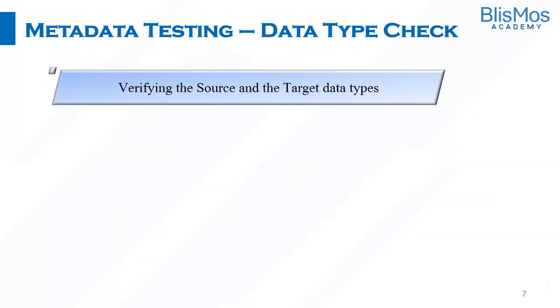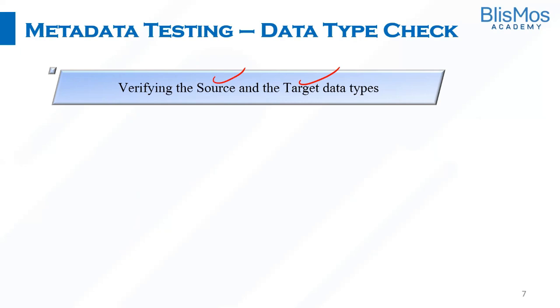Data type check involves verifying the source and target data types and ensuring that they are the same in some cases, and there is a possibility that the target type may be different from the source data type.